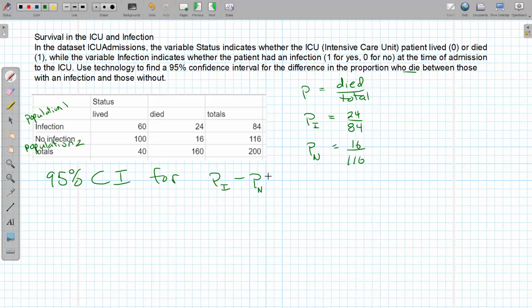PI minus PN. So this right here is my sample statistic for the confidence interval. It is also my point estimate for the interval.